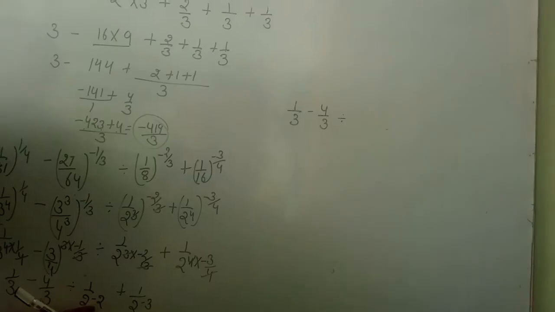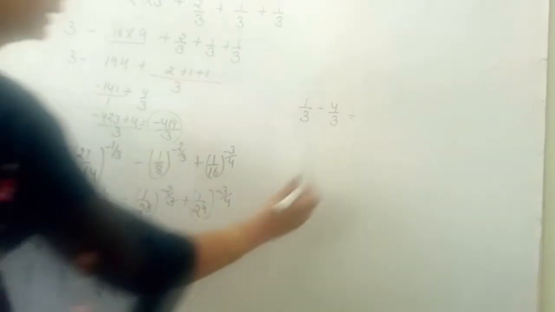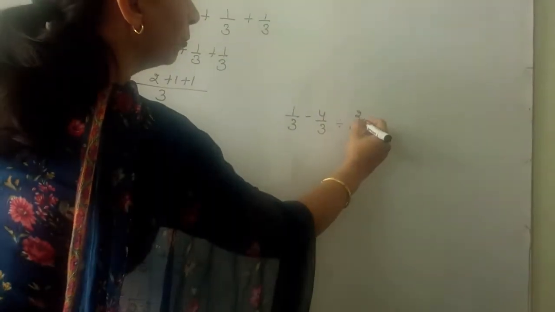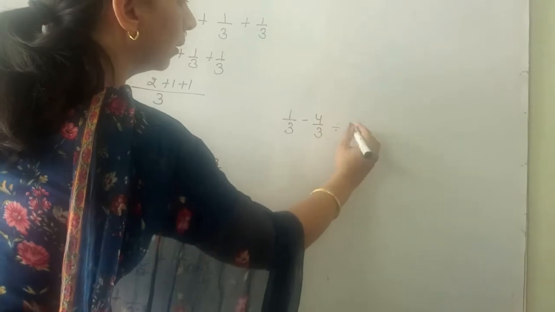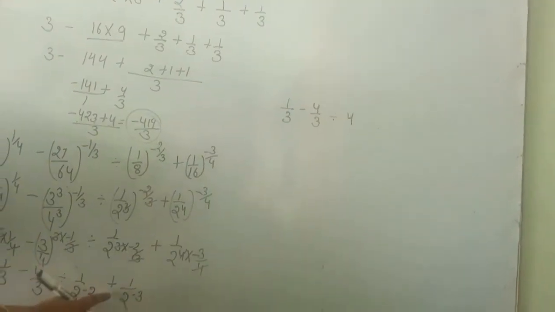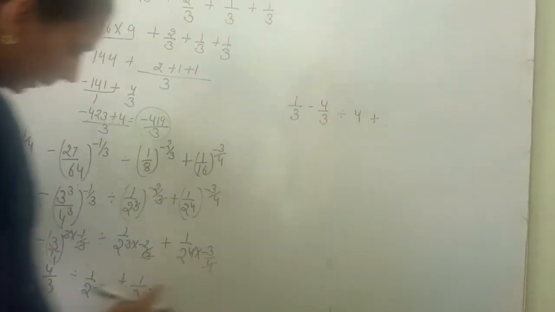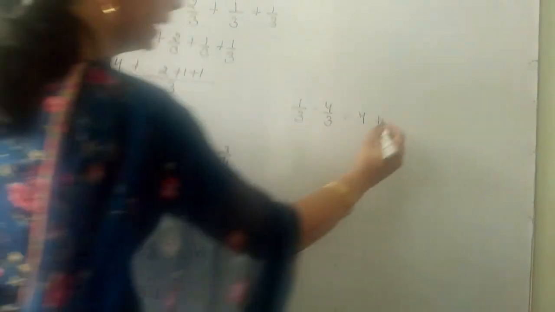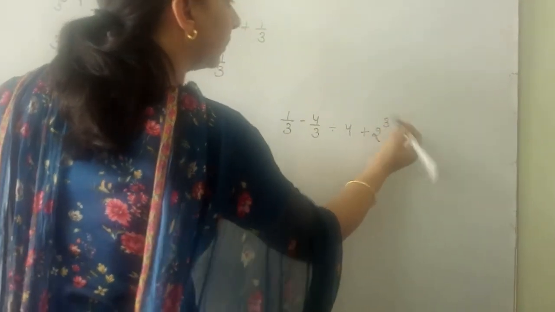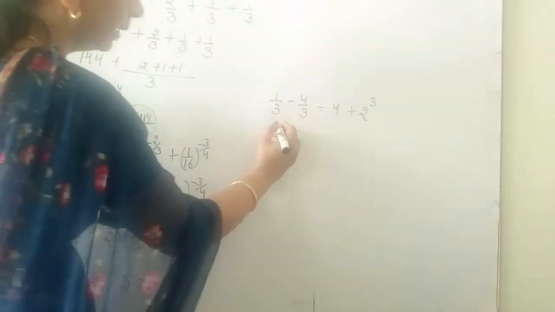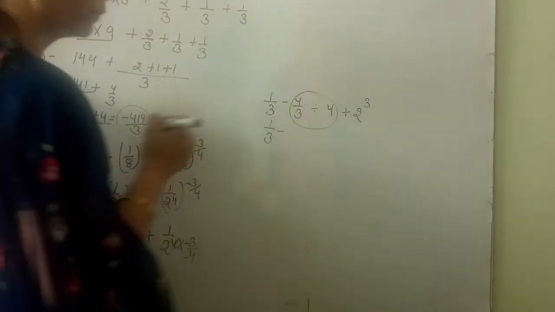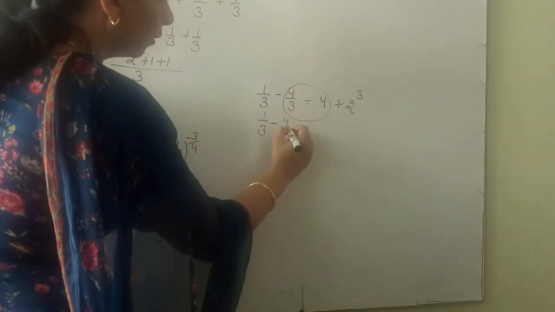(1/2) raised to the power -2, we write it as 2 raised to the power 2, and this equals 4. Again plus (1/2) raised to the power -3, this equals 2 raised to the power 3. Again 1/3 minus, first we solve the division, 4/3.